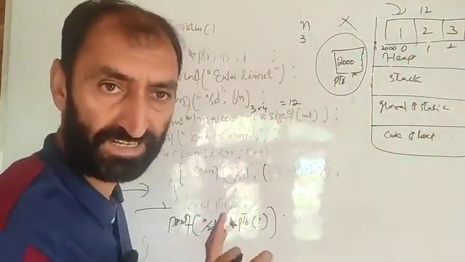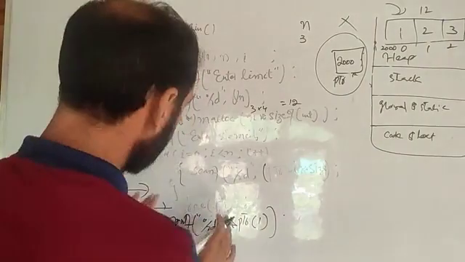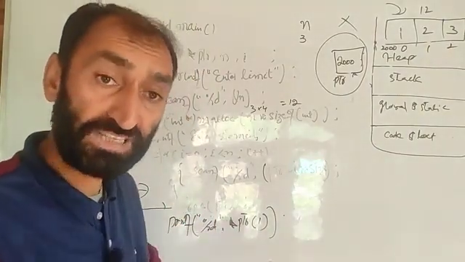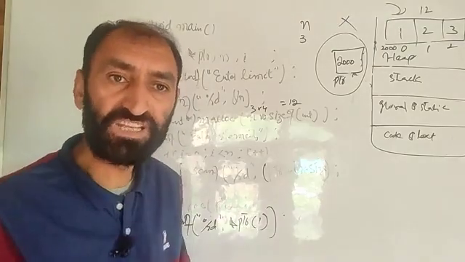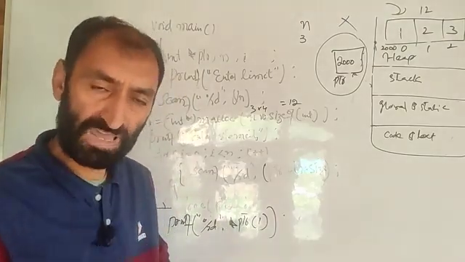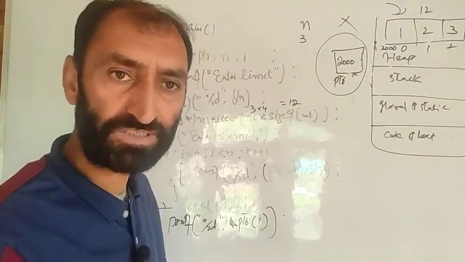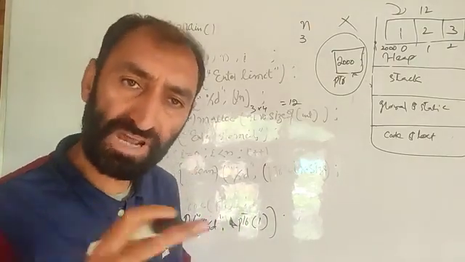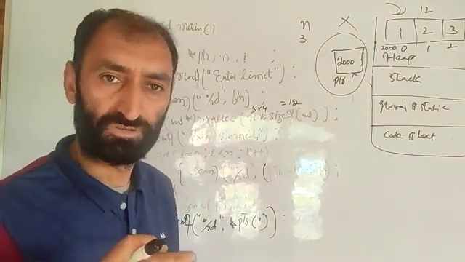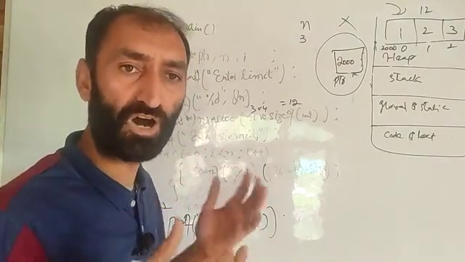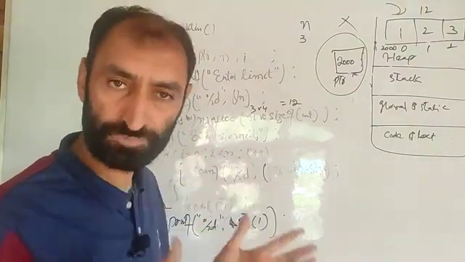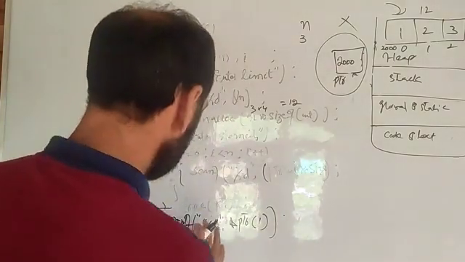It's now free, it acts as a dangling pointer. So it is not allowed to dereference the pointer after freeing it. Why? Whenever we have freed the pointer, after that it is not allowed to dereference that pointer. If you use it, you use it at your own risk and responsibility.